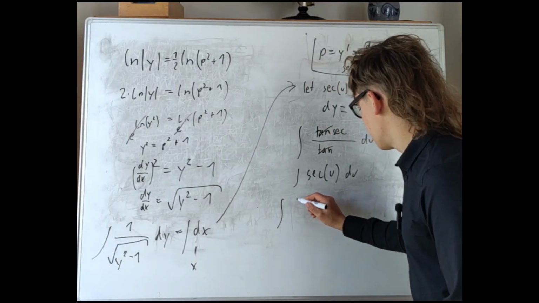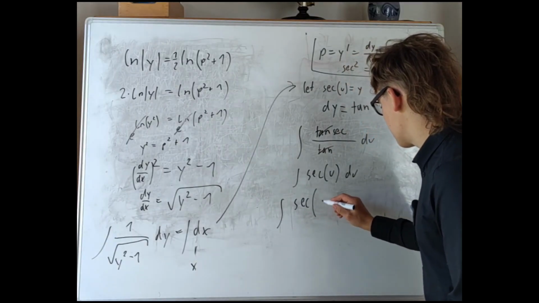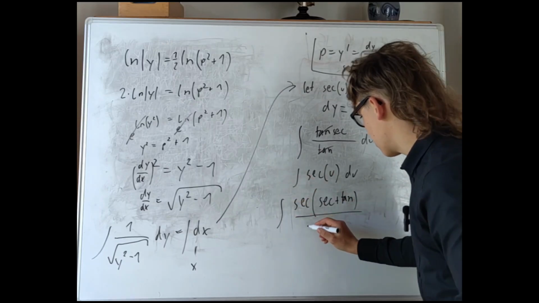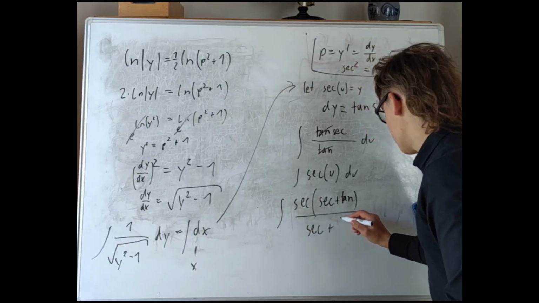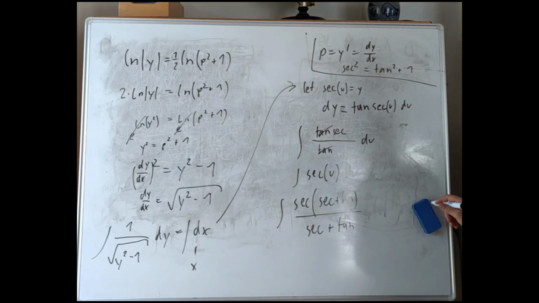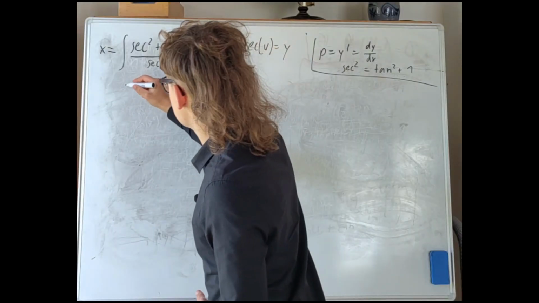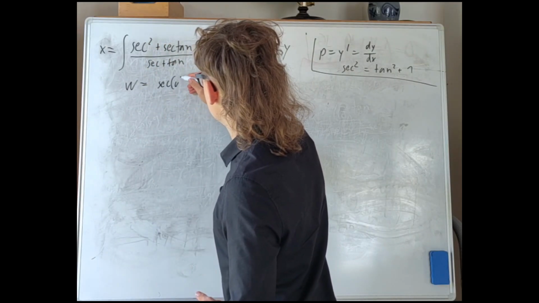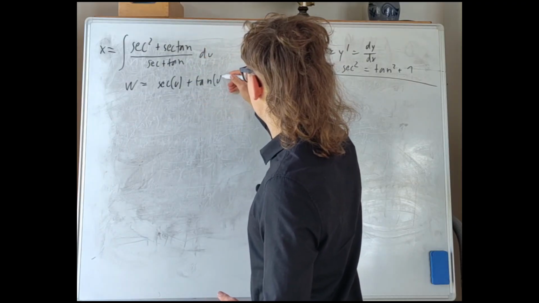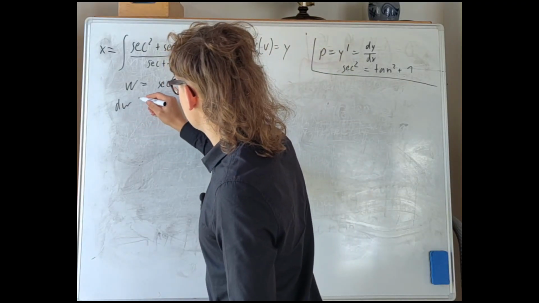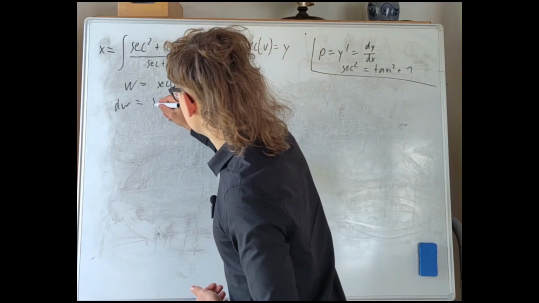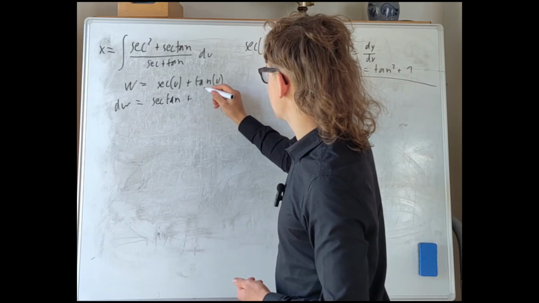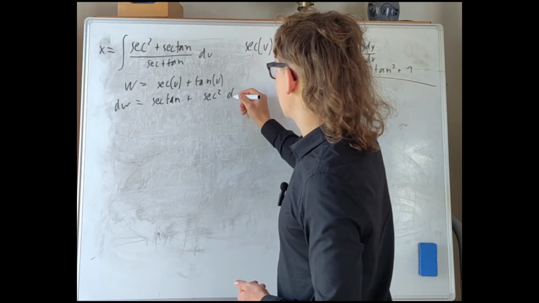So we multiply numerator and denominator by secant plus tangent. Excuse me that I'm forgetting all of the u's, but they are useless. Now let's do another substitution. We said w is equal to secant u plus tangent u. And that means that dw will be equal to secant u tangent u plus secant squared u, and all of this du.